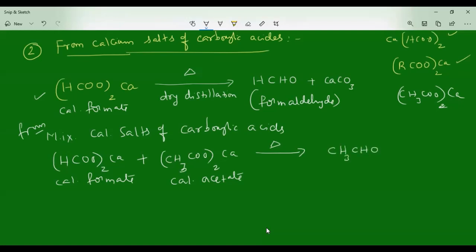You will get 2 moles of this, and the rest is 2 moles of calcium carbonate, CaCO3, separated out. The major product we obtained here is acetaldehyde. We also call it ethanal in IUPAC name.